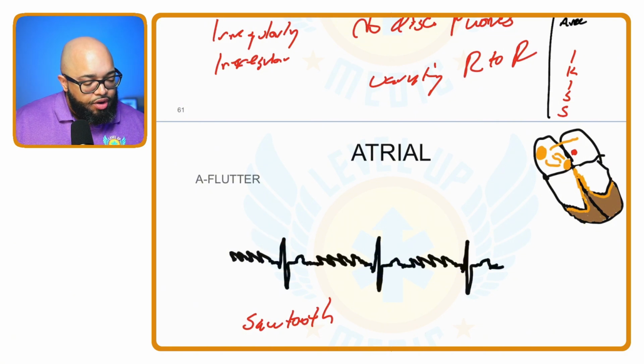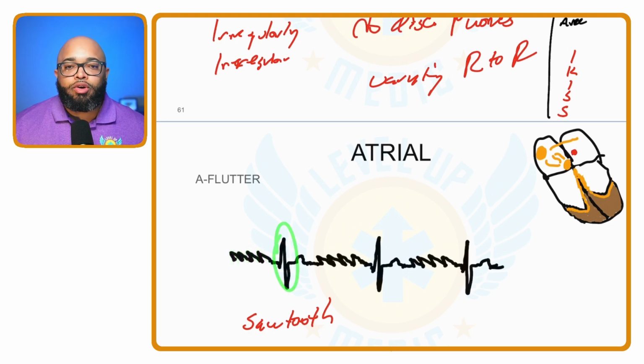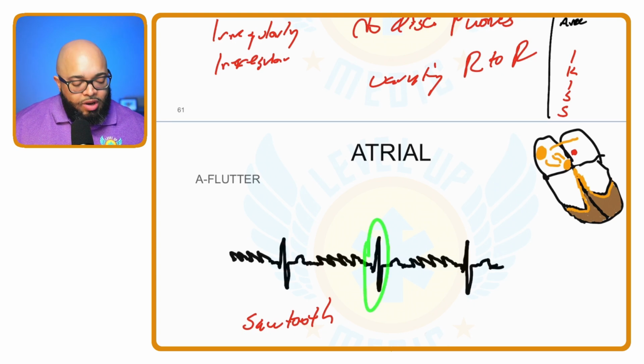Now, the other thing you notice is there's usually some kind of pattern to it, and it can be any different arrangement. In this case, we have 1, 2, 3, 4 that are abnormal, and then one signal goes through. And then we see 1, 2, 3, 4 that are abnormal, and then one signal goes through.